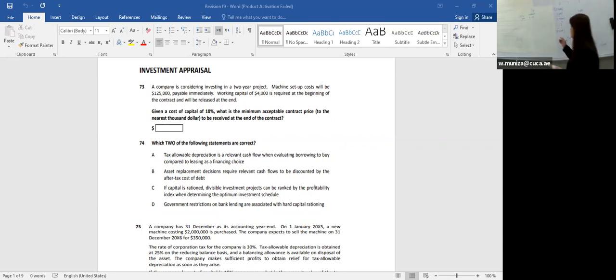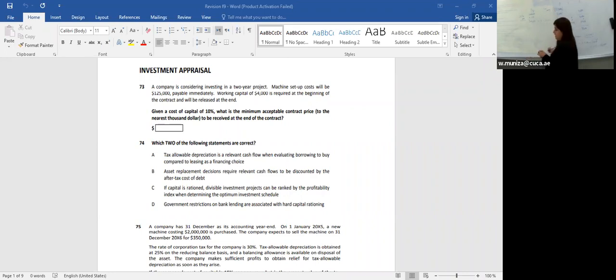Yes, it is 500,000. So on 500,000, we are going to calculate the tax saving. Tax saving is going to be at 30%. So take 30% of 500,000. It is 150,000. 150,000 is the tax saving for 31st December 2005.